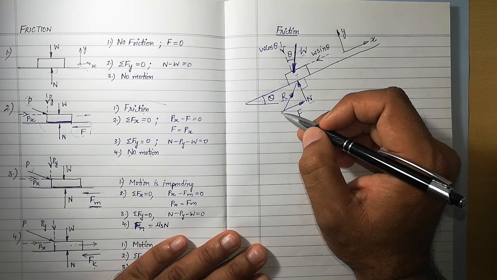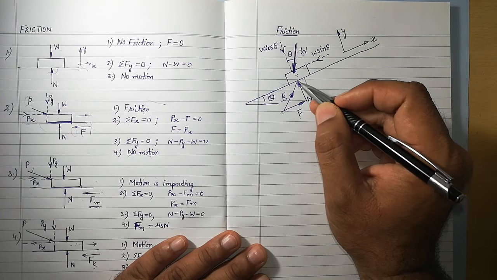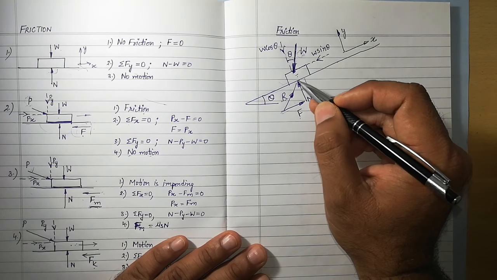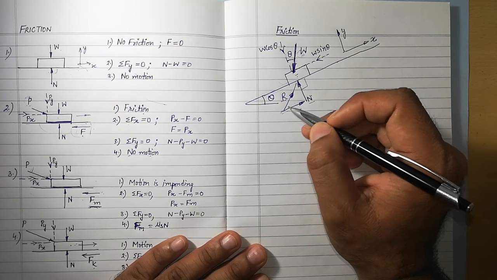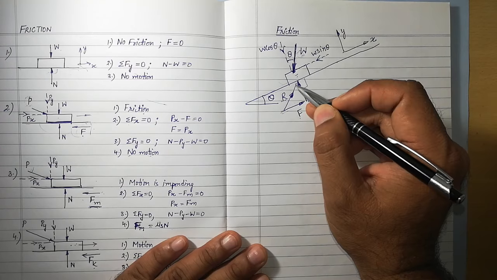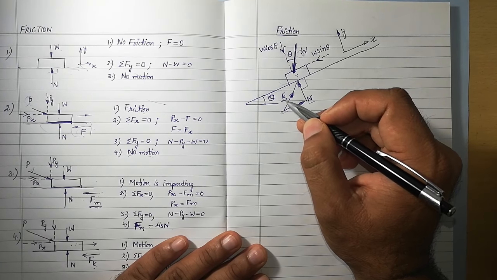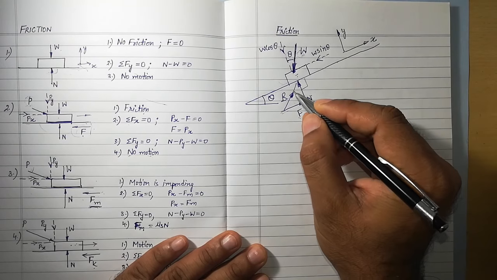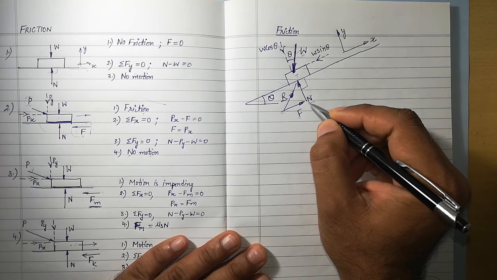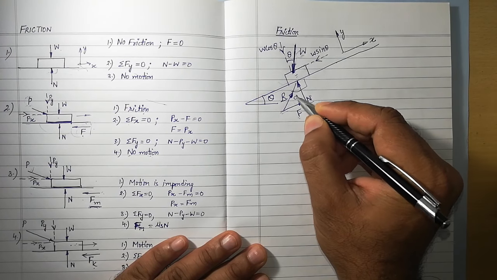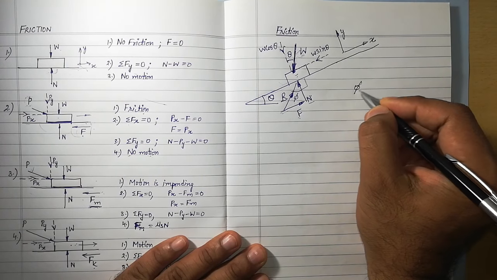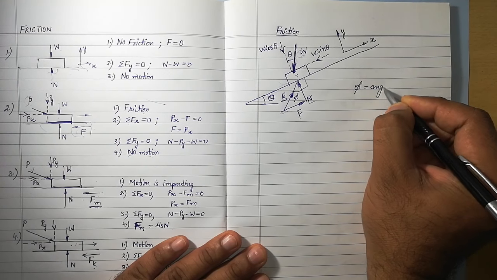If frictional force and normal pressure are the adjacent sides of the triangle, then the closing side of the triangle will give you the resultant of these two forces. We call that resultant the total reaction. Now the angle between the total reaction and the normal pressure, we call that angle phi. So phi is what? It is the angle of friction.